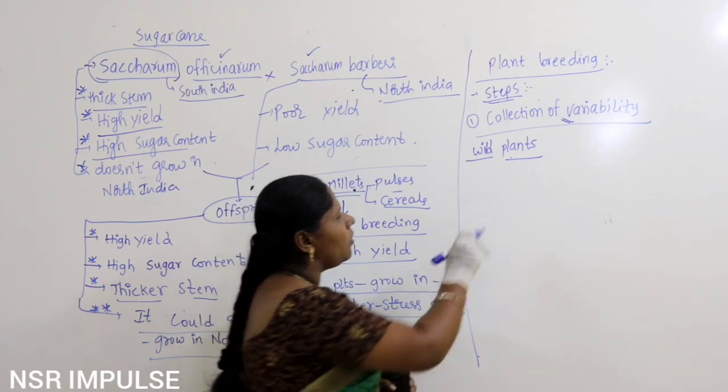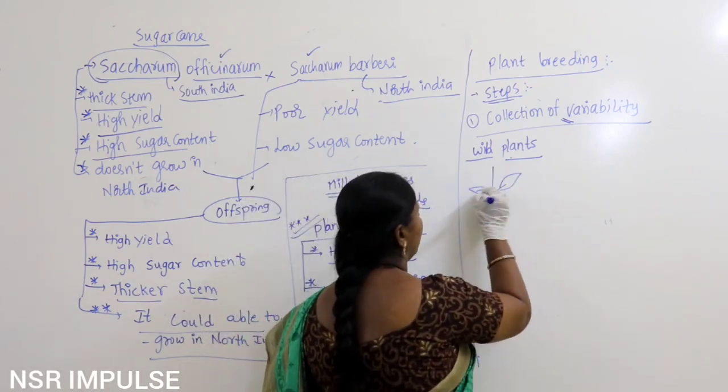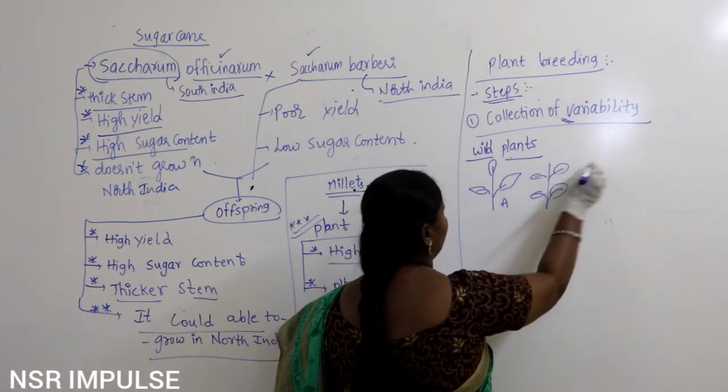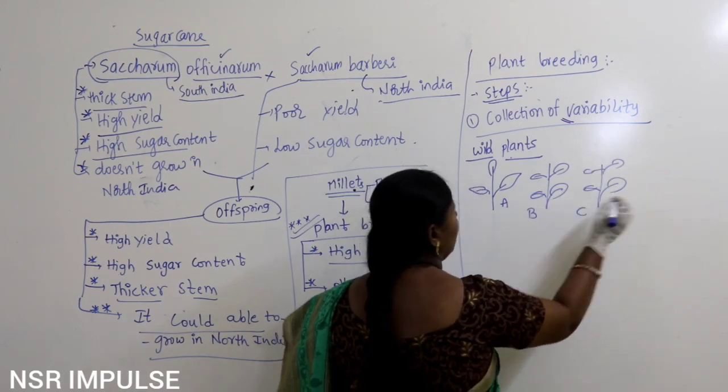So, when I collect all wild plants, what do I need to do? For example, this is plant A and this is plant B, right? Like this, so many plants I have collected.